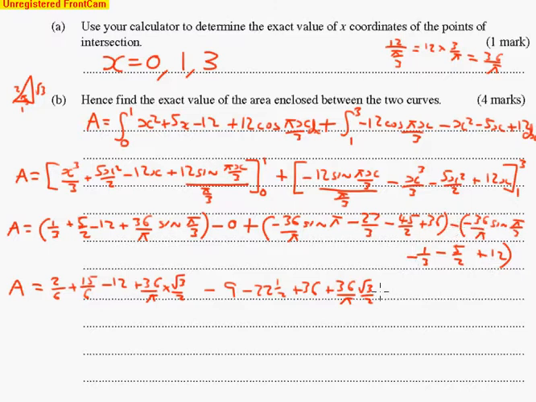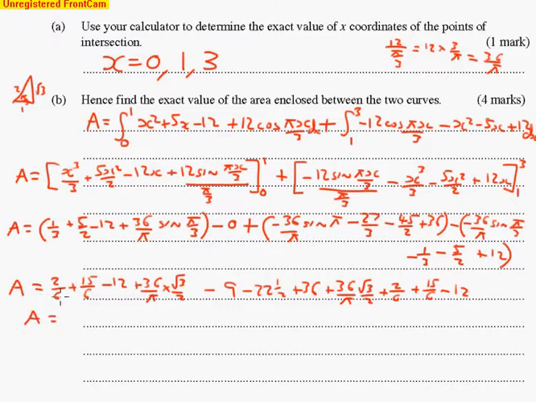We're also going to get plus another 2 on 6 plus 15 on 6, and oops, that should be a minus because it's minus outside the bracket, minus 12. Well, I've got rid of all my brackets, now I've just got to combine it all to see what I've got.